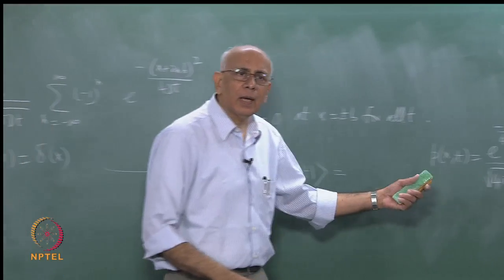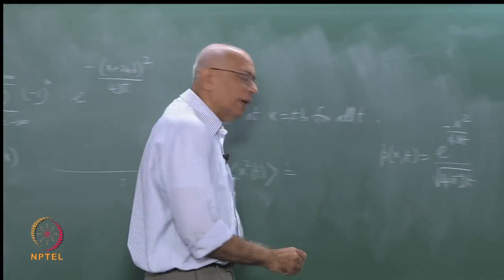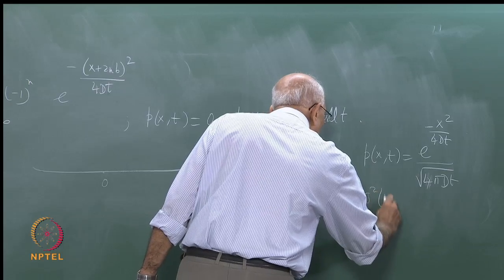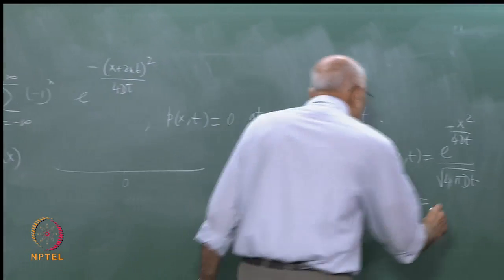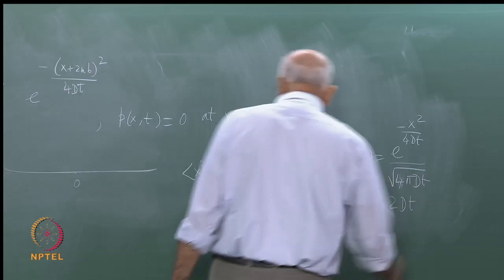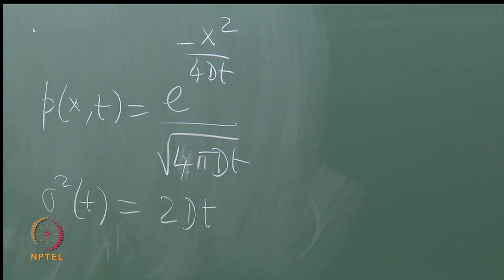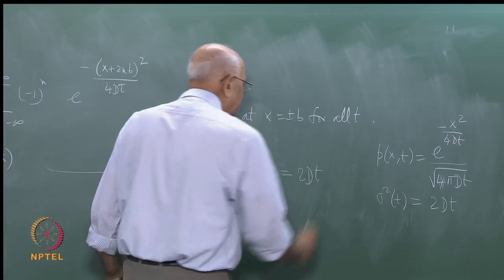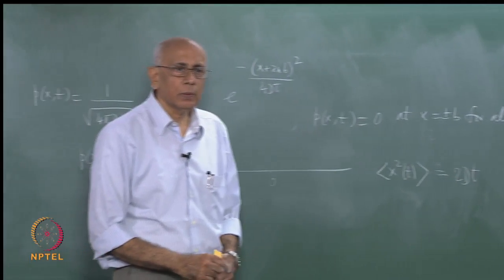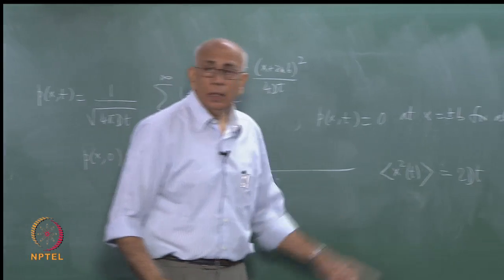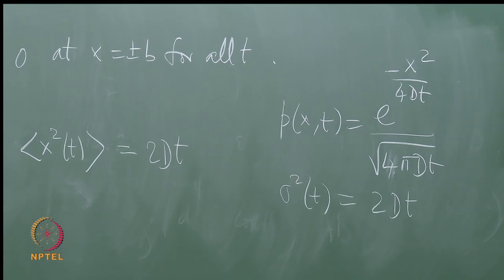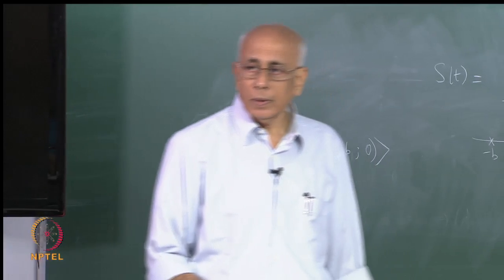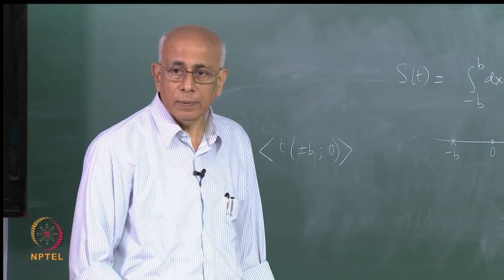That is a normalized Gaussian, and what is the variance of this Gaussian? Sigma squared of t equal to 2Dt, indeed you are in one dimension, so it is 2Dt. Okay. So it is clear that x squared of t is increasing linearly with t, proportional directly to t.